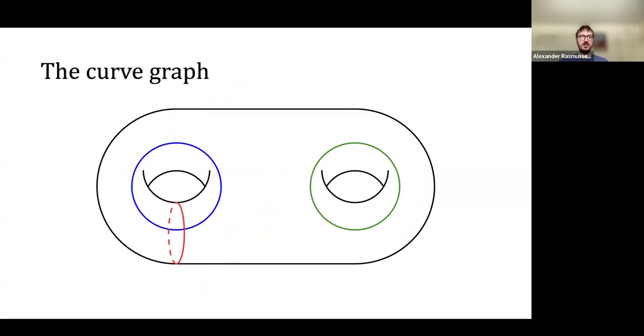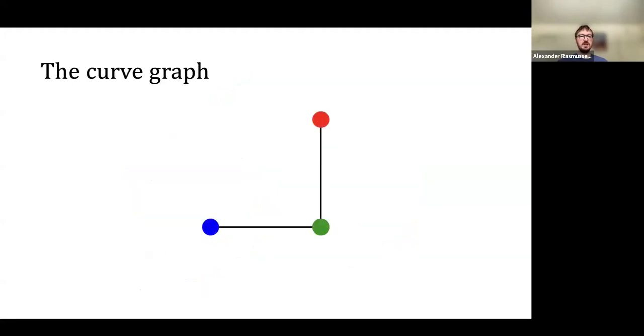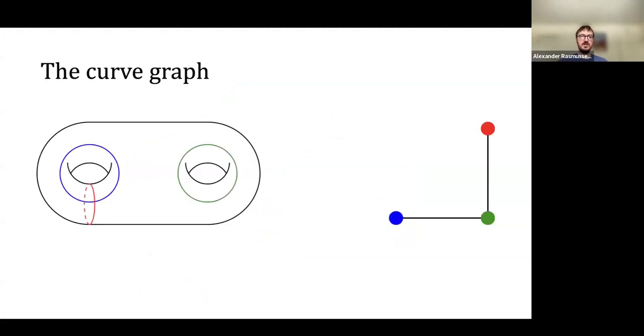And how are they joined up in the curve graph? Well, blue and red are both joined to green by edges, but blue and red cannot be made disjoint, so they are not joined by an edge. So we get this little tiny subgraph of the curve graph, like so. Again, we have this correspondence between these curves and this little subgraph of the curve graph.